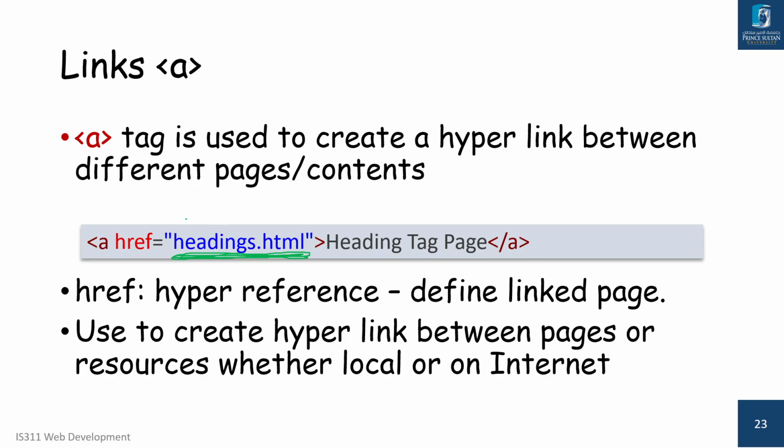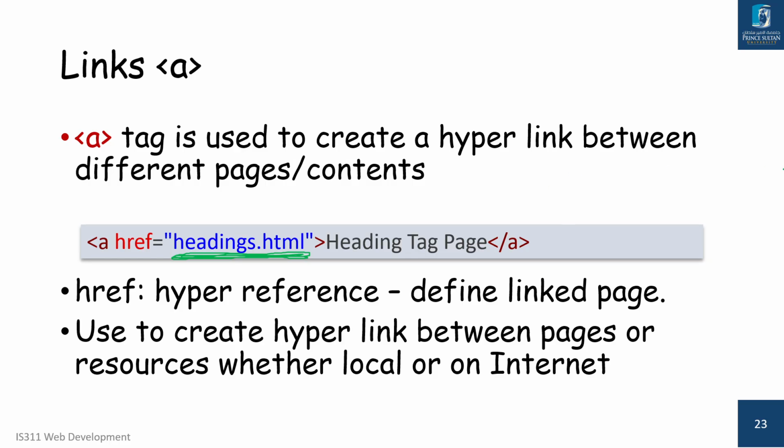And right now we are saying that in the same folder, in the same place where this current HTML file exists, look for the headings.html file. If it can find that file, it will display it on the page, and if it cannot find that file, then it will display an error page.